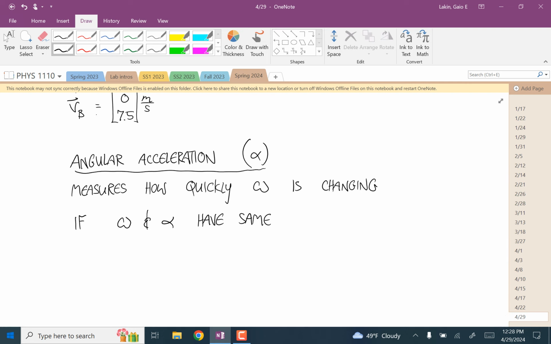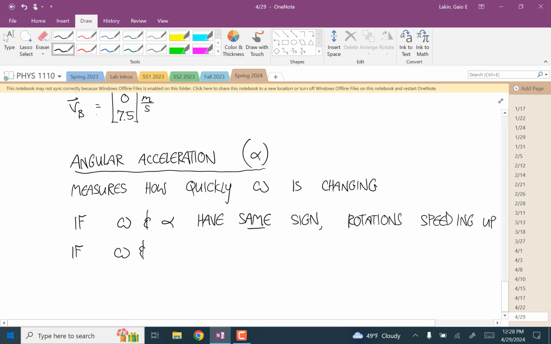It works just like velocities and accelerations. And if they have opposite signs, then the rotations are slowing down.